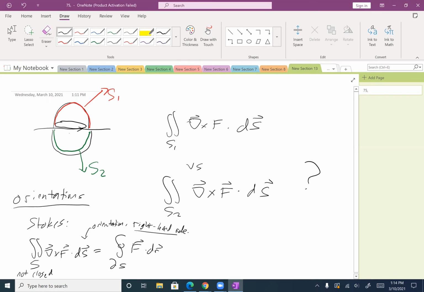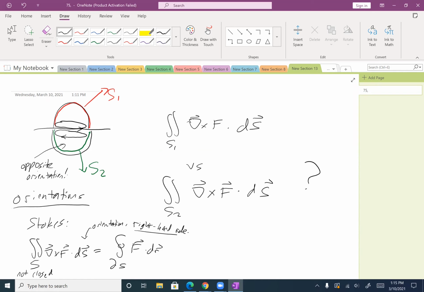But if I do the line integral for S2, if I use the right-hand rule, then my thumb is pointing downwards, so my fingers are curling clockwise now. So it's actually the opposite orientation. Whenever you have opposite orientations, that means you need a minus sign.